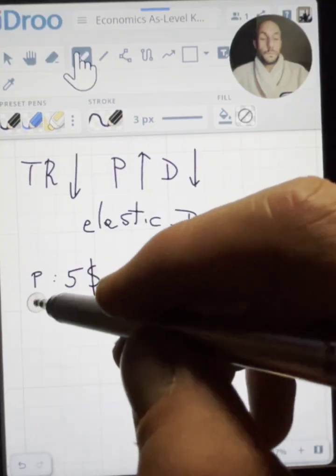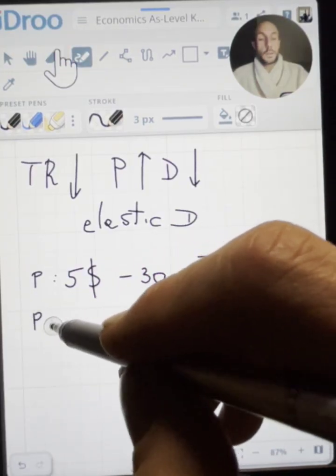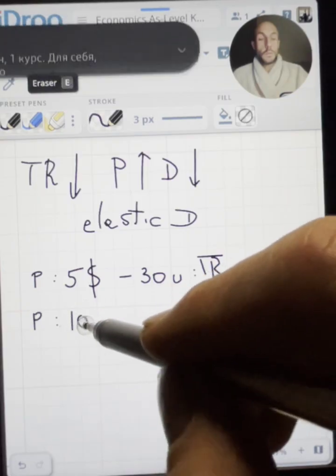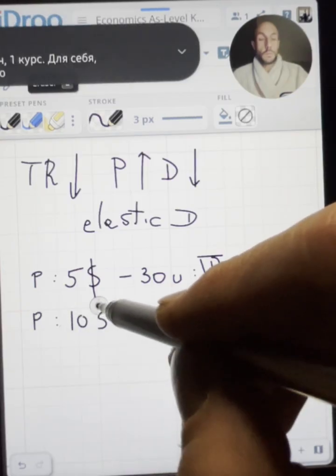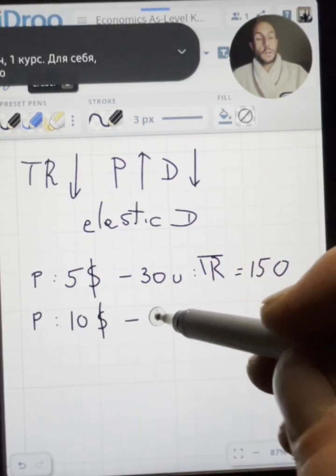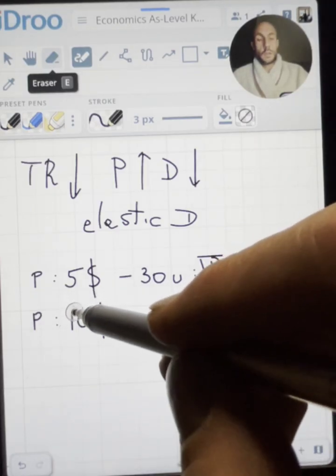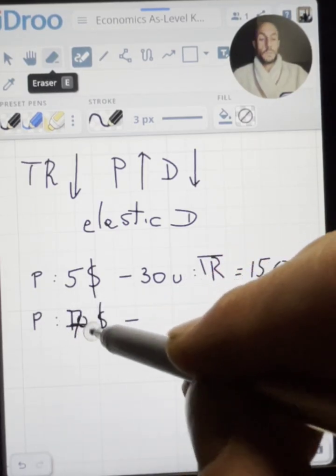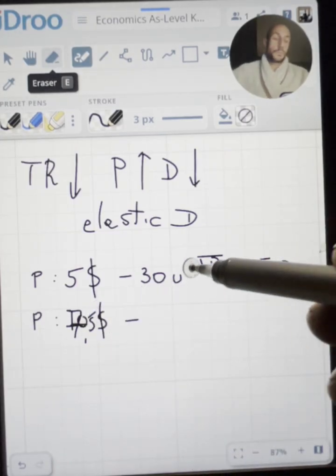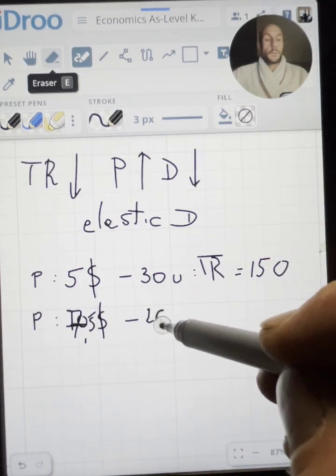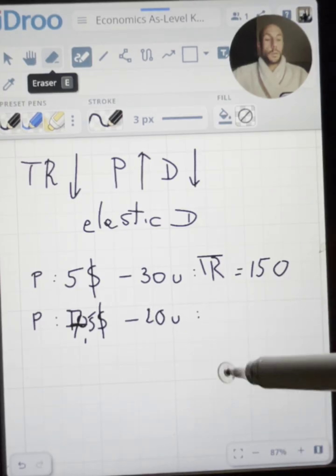Now, the price increases to 10. Actually, no, let's make it easier. Let's make it 7.5. And the demand falls to 20 units. How much is the total revenue?